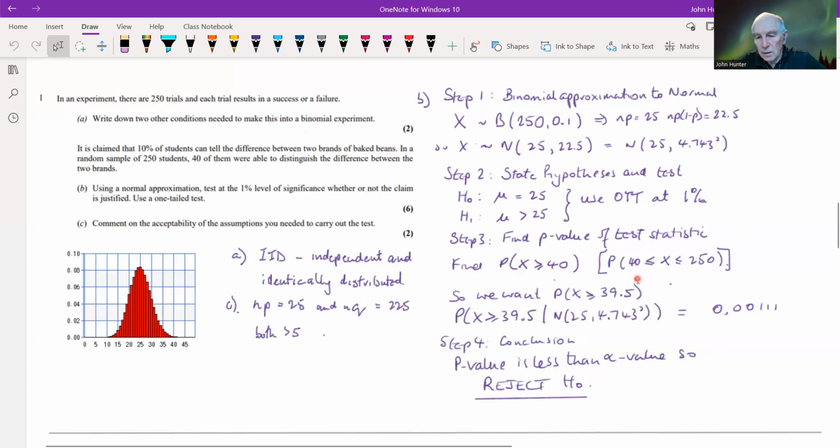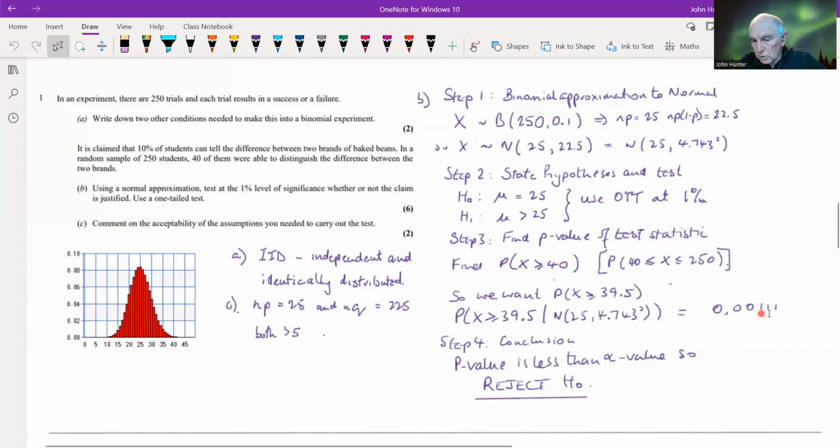So what we want is the probability, and this is applying our continuity correction factor, that x is greater than 39.5. So therefore, that's going to give us a probability of 0.0111.